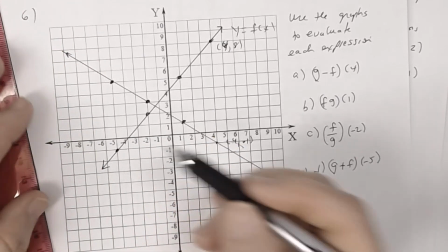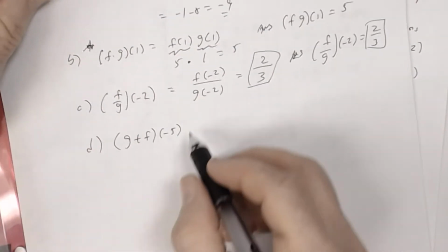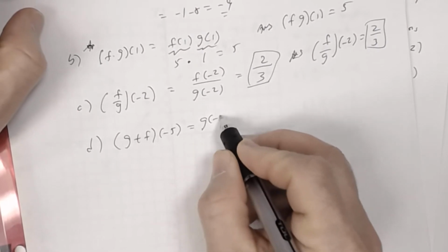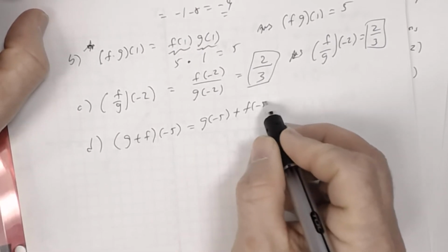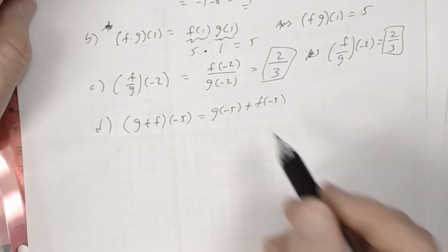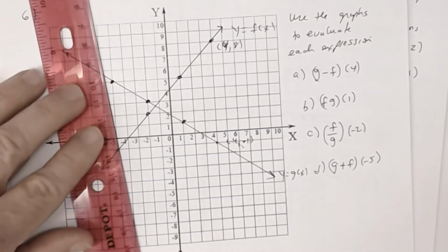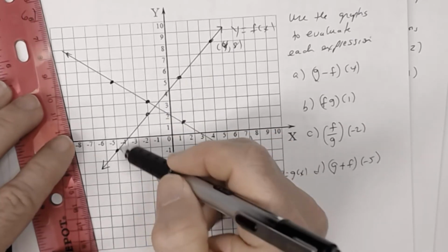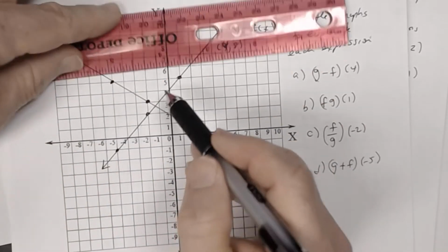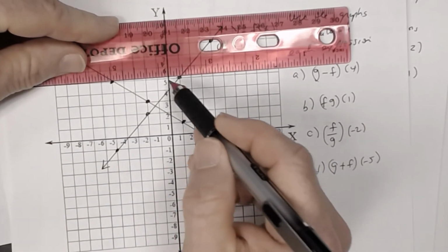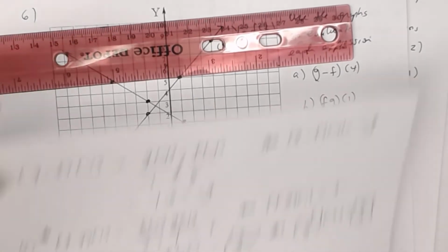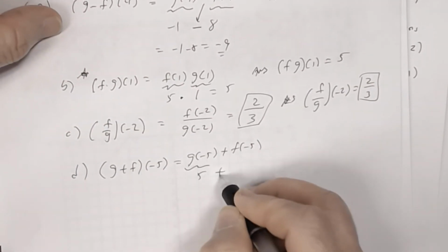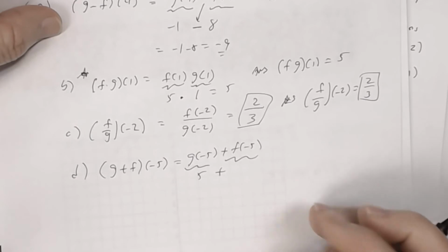Remember, by definition, this means g of negative 5 plus f of negative 5. Let's find g of negative 5 first. This is your function g, so that's this point here. When x is negative 5, what's that y value? This y value is 5. So we'll put 5 right here, plus, now we got to find f of negative 5.